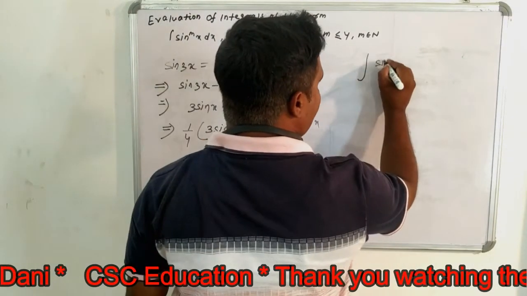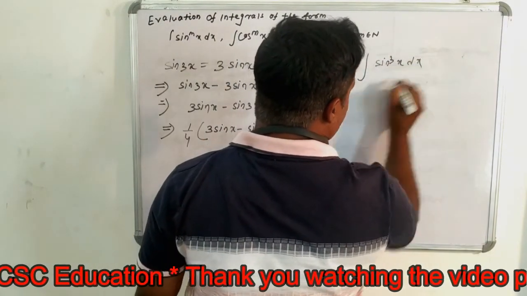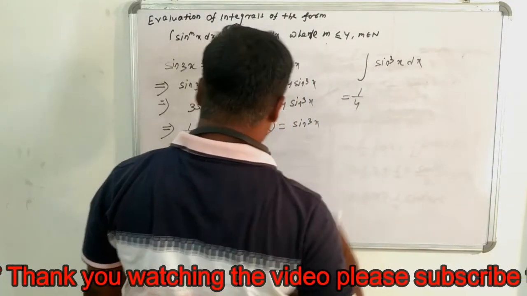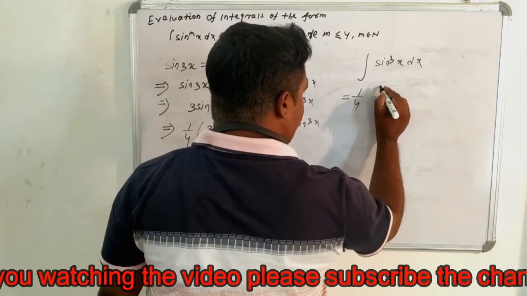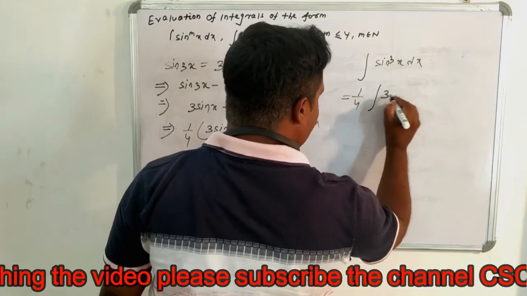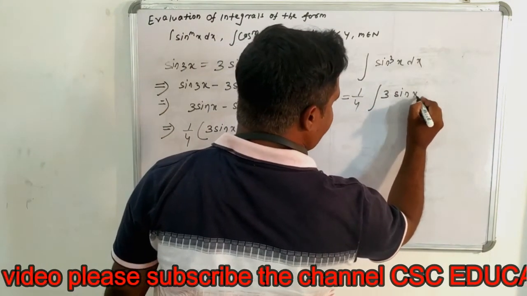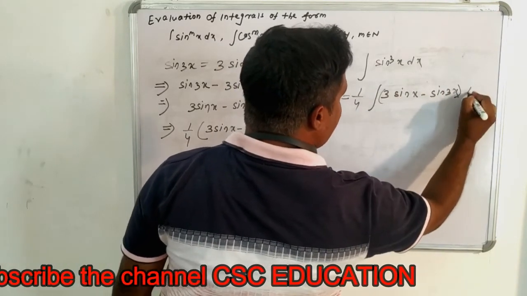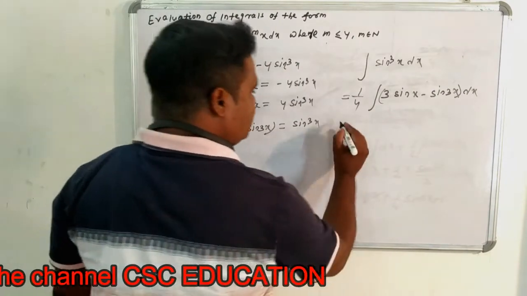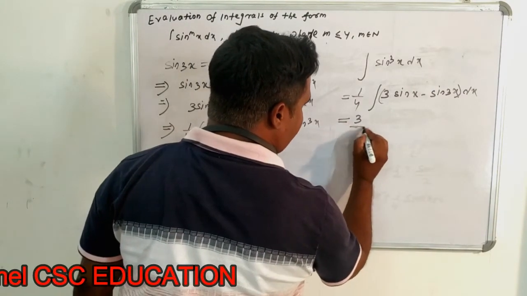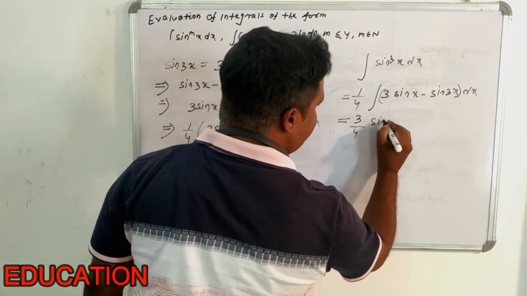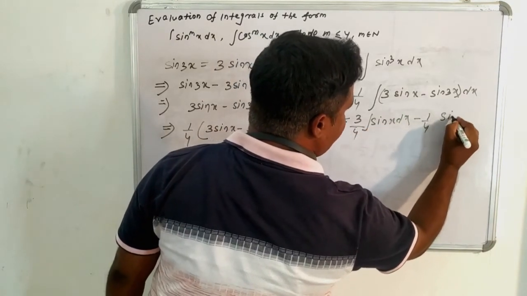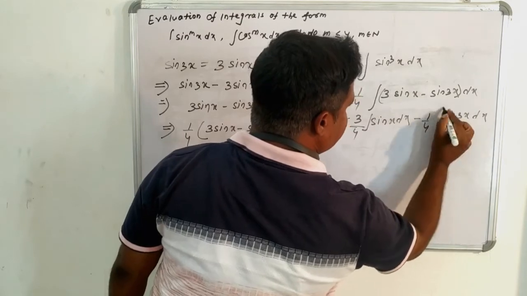Suppose sin cube of x equals, put this formula, 1 by 4 of the integration of (3 sin x minus sin 3x). Now this value equals 3 by 4, with 3 as the common factor, sin x dx minus 1 by 4 sin 3x dx of integration.